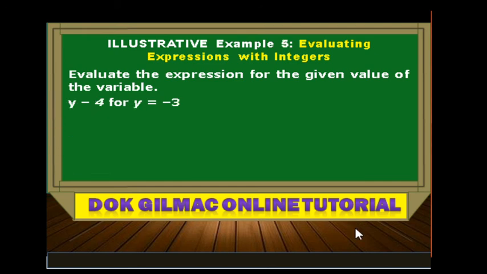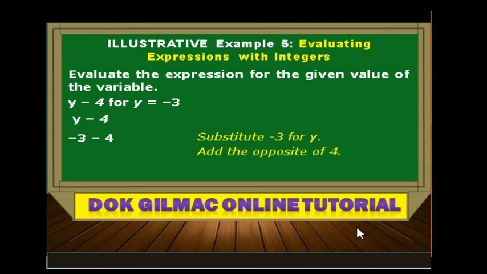Now let's have illustrative example number 5. Evaluate the expression for the given value of the variable: y minus 4 for y equals negative 3. Substitute negative 3 for y. So negative 3 minus 4.